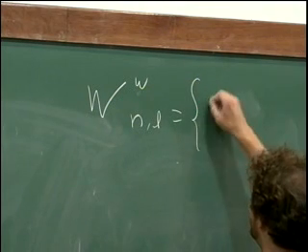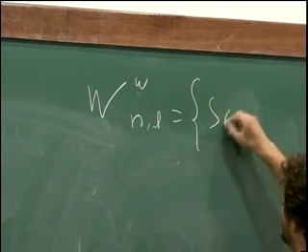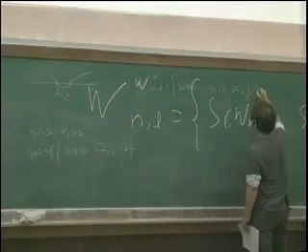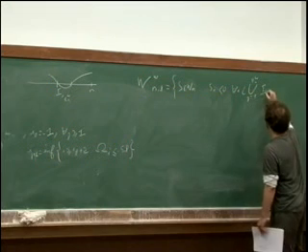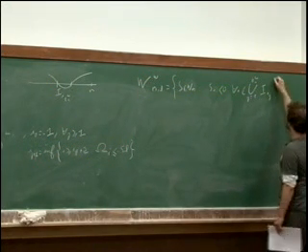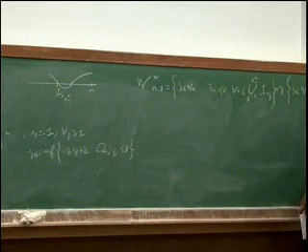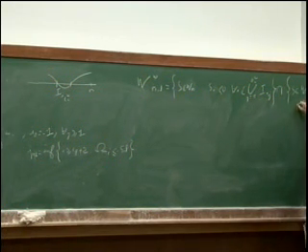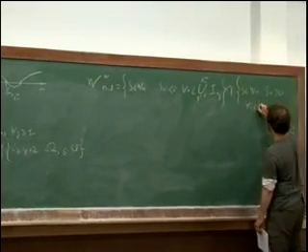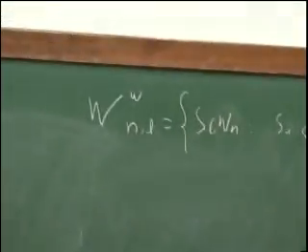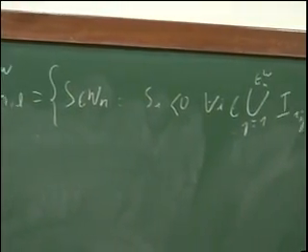So finally, it's going to be defined as S in Omega n such that Si is strictly negative for all i belonging to the union over j equal 1 to T n omega of Ij, intersected with the trajectories in Omega n such that Si is strictly positive as soon as you are not in one of these intervals, the union over j equal 1 to T n omega of Ij.